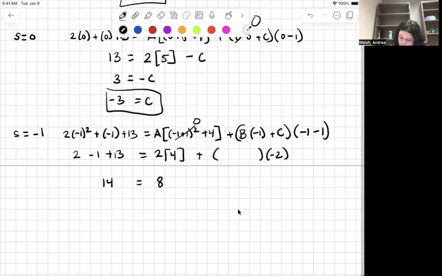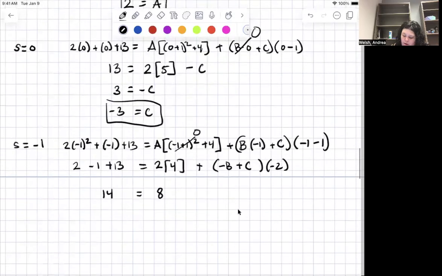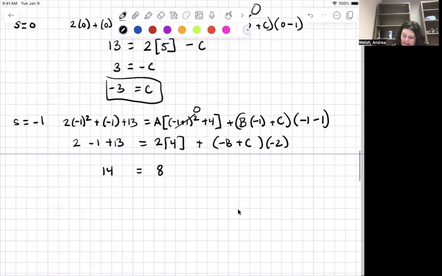We want to make sure that we don't miss anything. This is minus B plus C. And if I distribute that and plug in plus C, which is minus 3, so I get minus 2 minus B. That's going to be plus 2B. And then I get minus 2 times C, but C is minus 3, so this is plus 6.